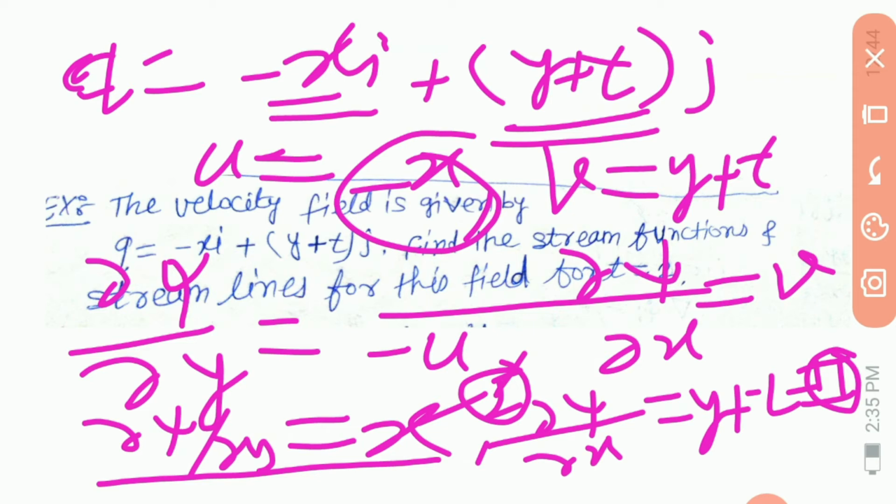Integrating first with respect to y. What do we get? We get the integration of dou psi by dou y, which is psi.